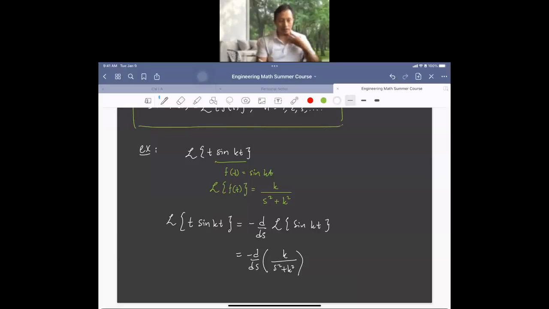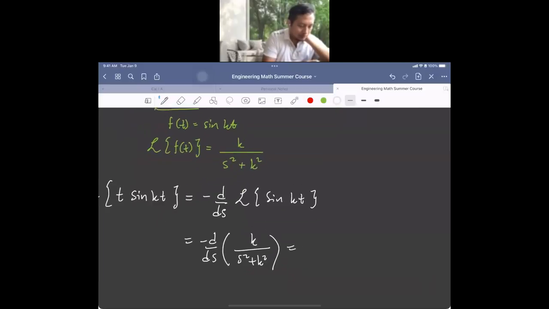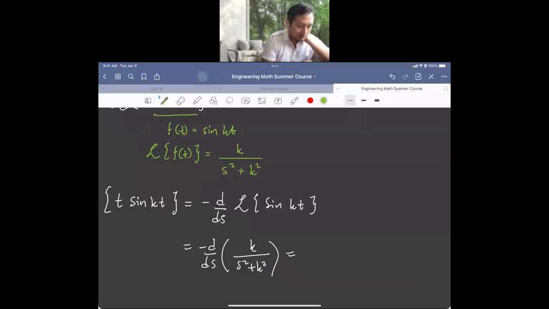So what will happen now is we are going to differentiate with respect to s. We are just focusing on differentiating this bottom side. So we are going to get -1 there and -1, and then we are going to have a negative in the front, and it will be a positive because of the negative d/ds.